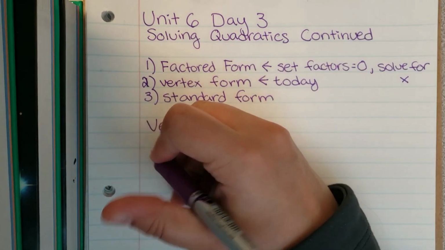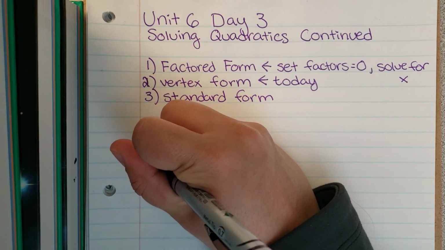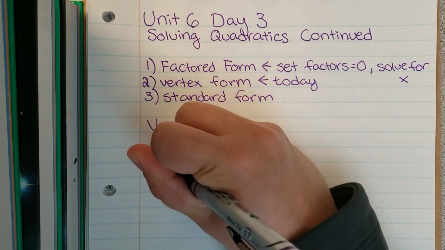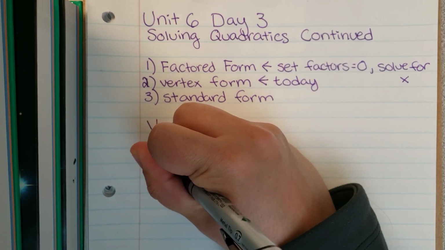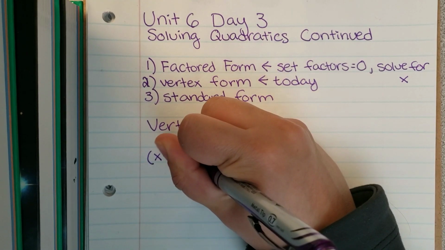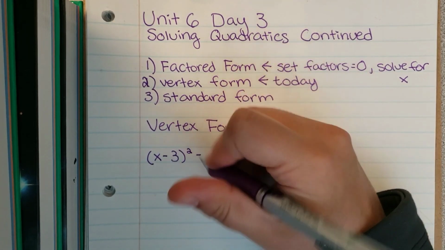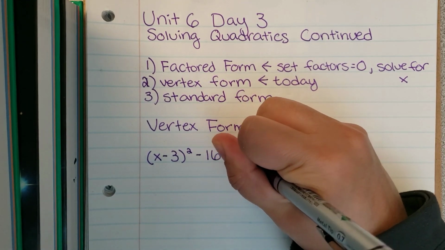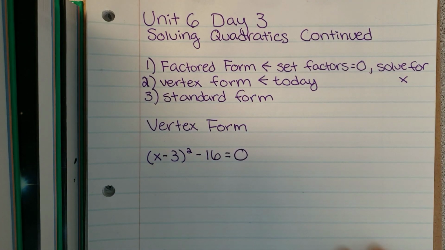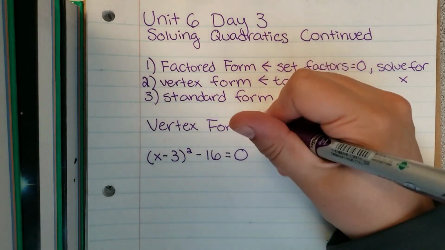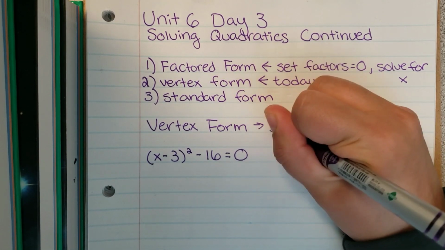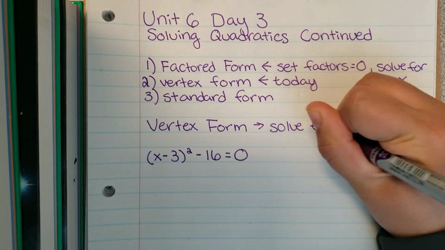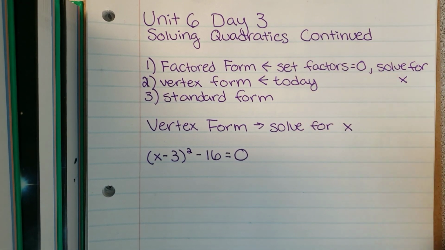So, say for example, we have the equation x minus 3 squared minus 16 equals 0. What is our strategy here going to be to help us solve for x? It's a little bit different than yesterday, but the strategy that we're going to use is this.